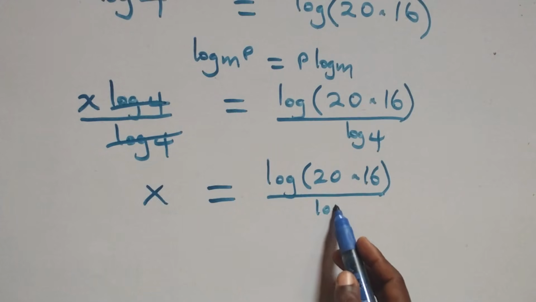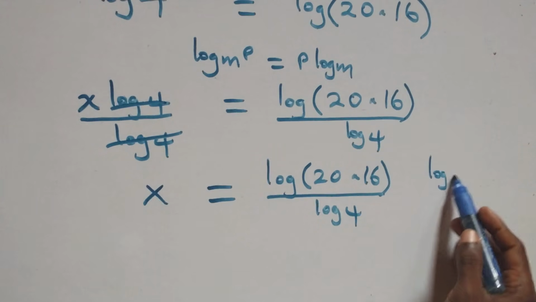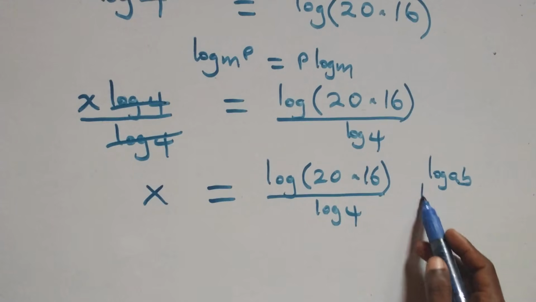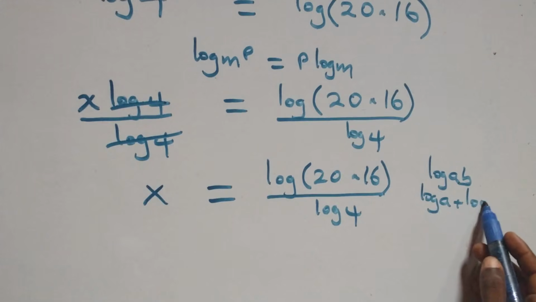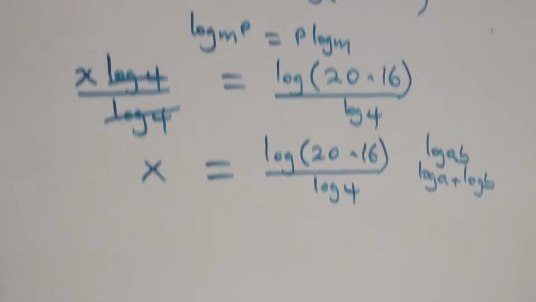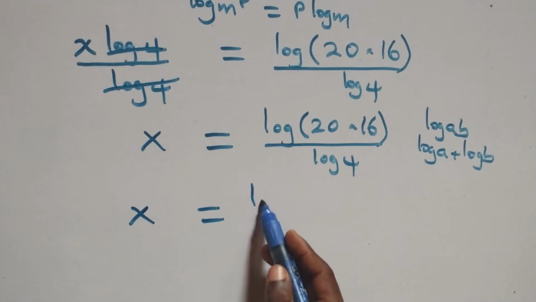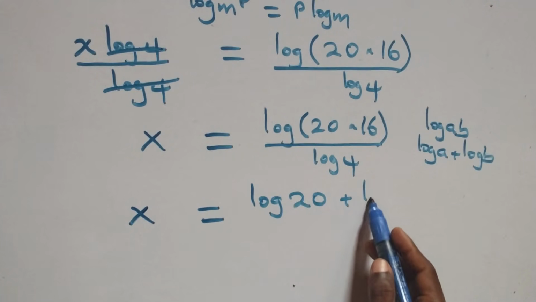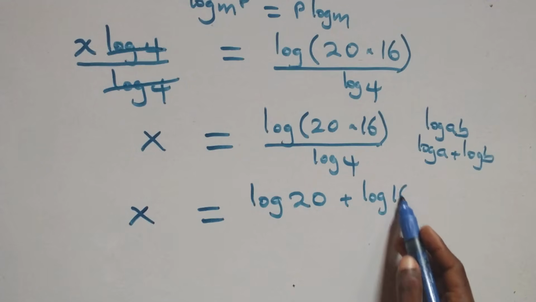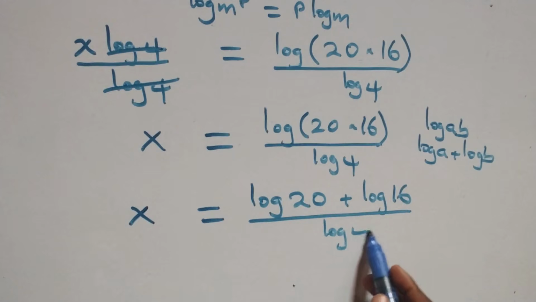over log 4. And this follows the law of logarithm. When we have log a times b, this is the same thing as log a plus log b. Here we have x equals log 20 plus log 16 over log 4.